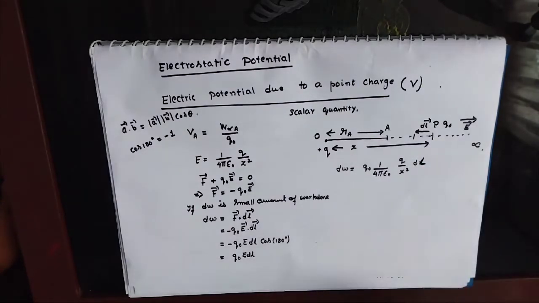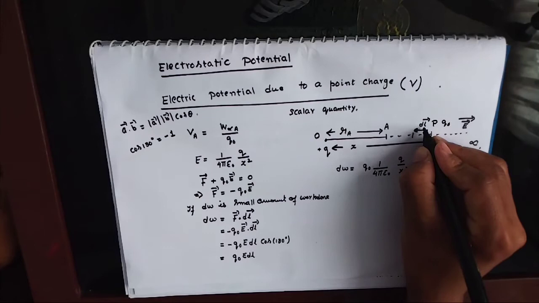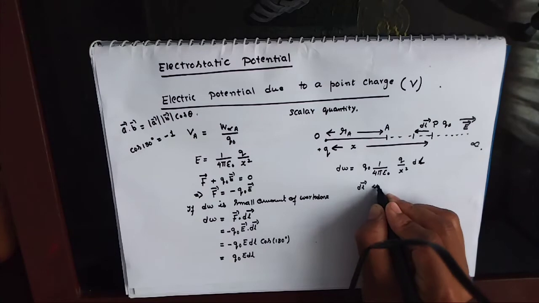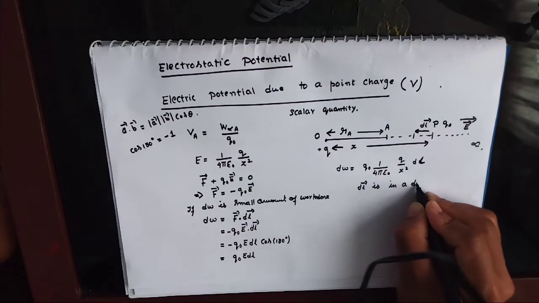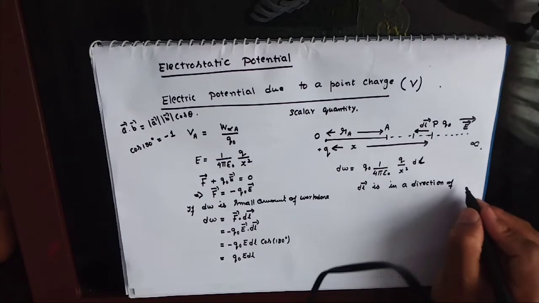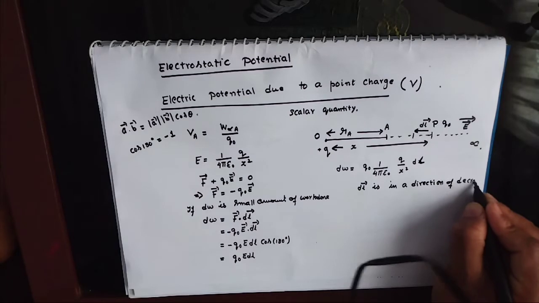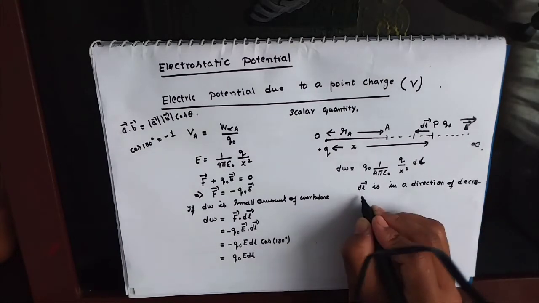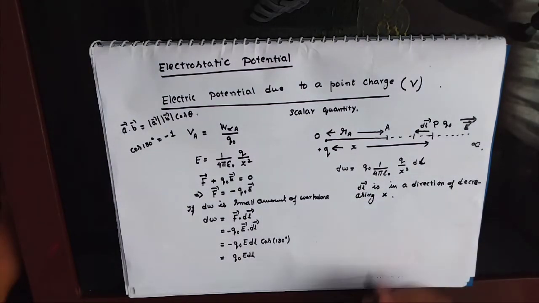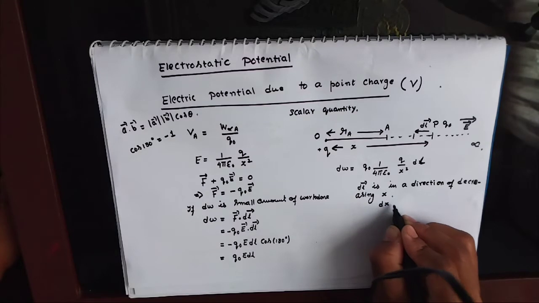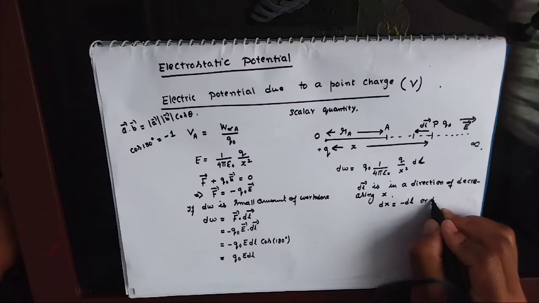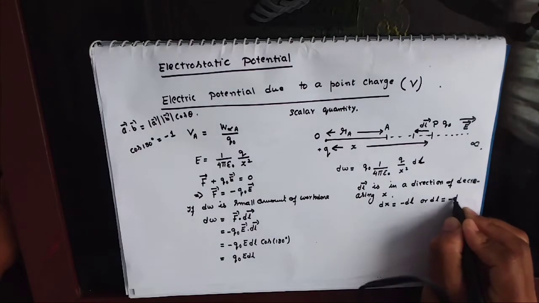As we can see from here, this dl is in the direction of decreasing x. So therefore we can write dx is equal to minus dl, or dl is equal to minus dx.